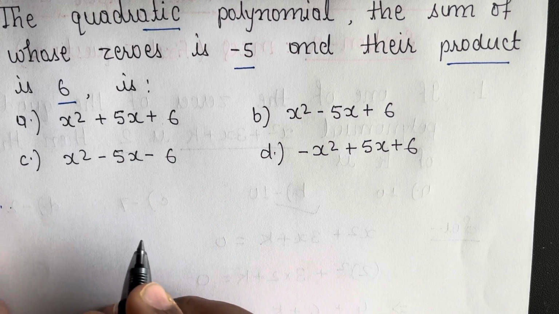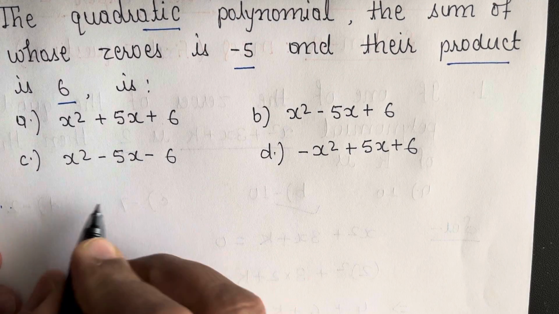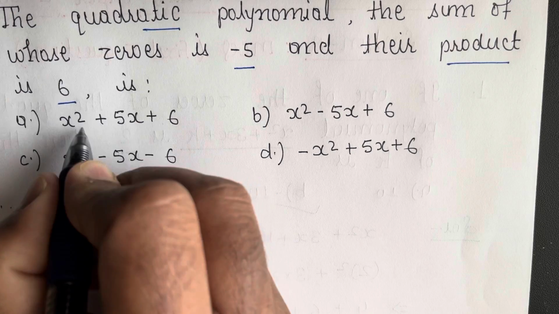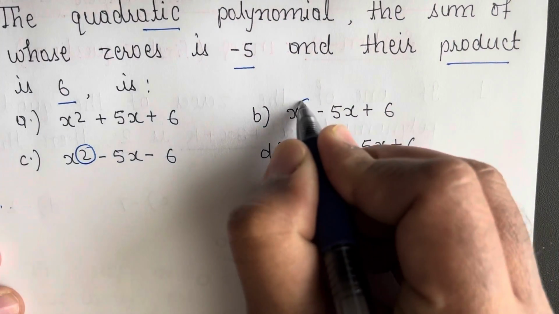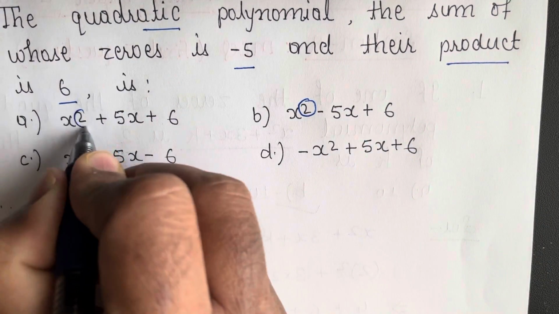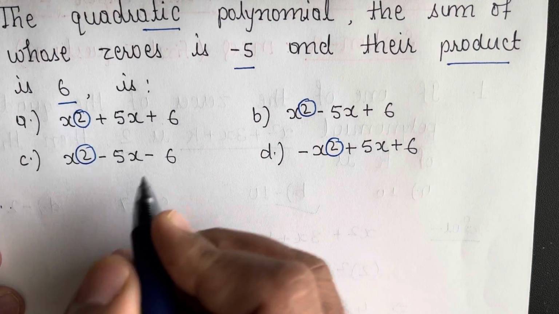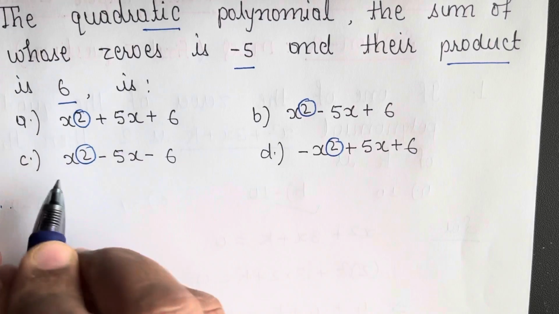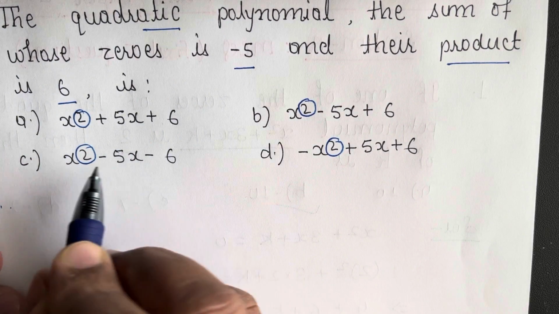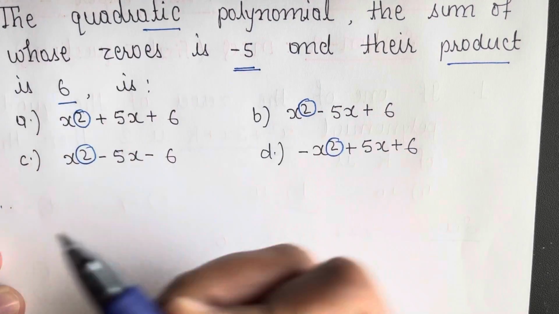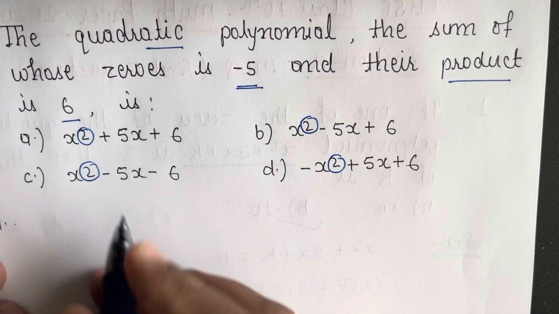In each of these options, if you see, the degree is always 2. So you have to figure out what will be the exact polynomial when you put the sum of the zeros and the product of the zeros.